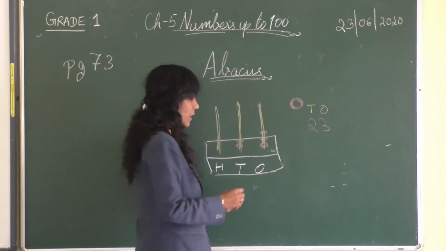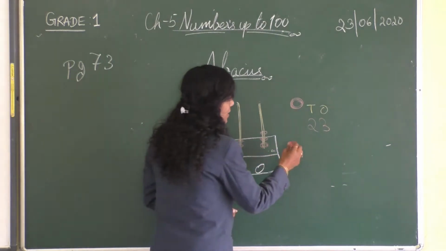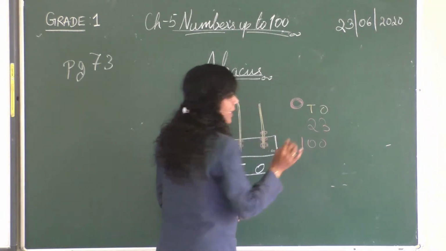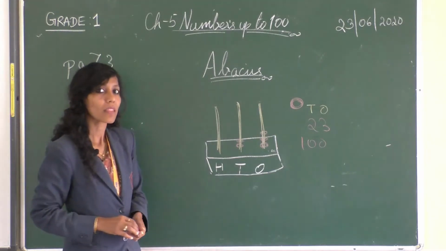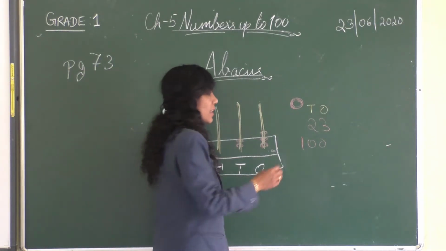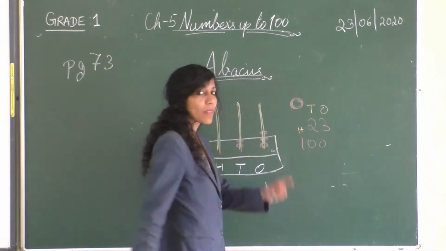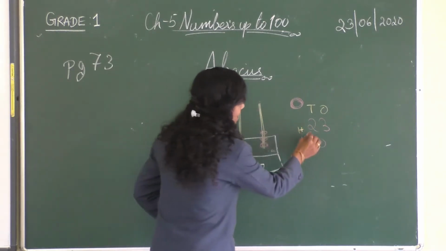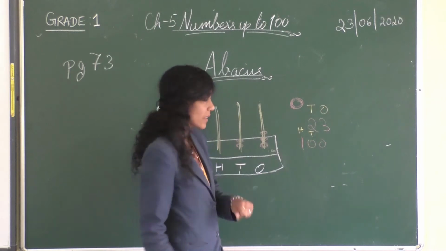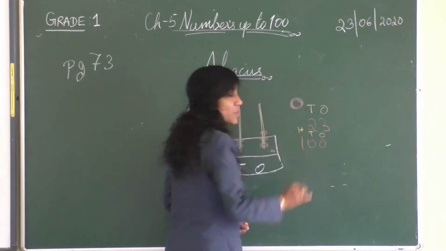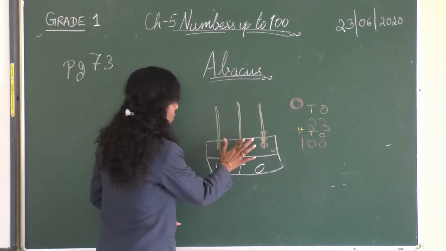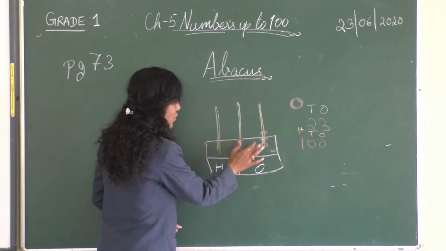Similarly, it's for 100. Now, if the number given to us is 100, what do you do? In the hundreds position, we have 1. Tens position, we have nothing. And ones position, again nothing.